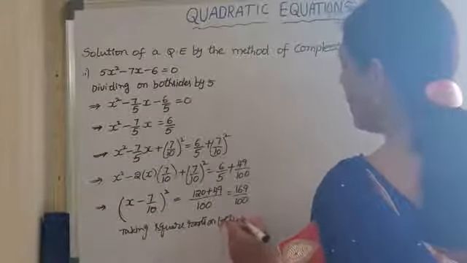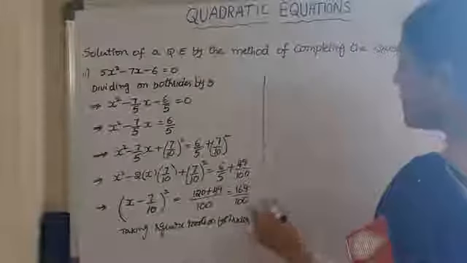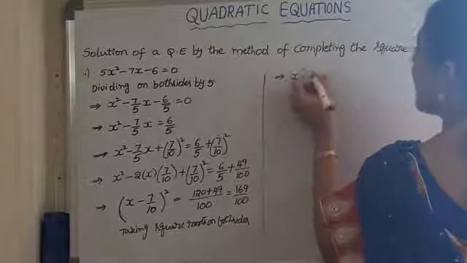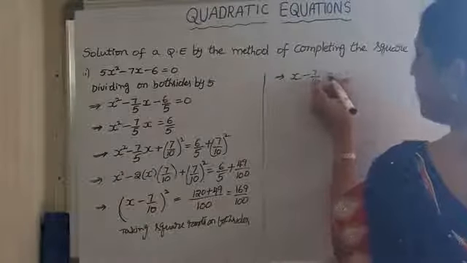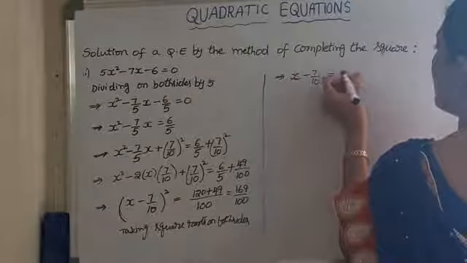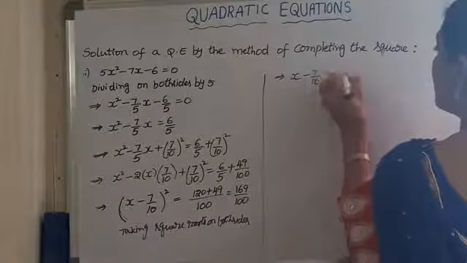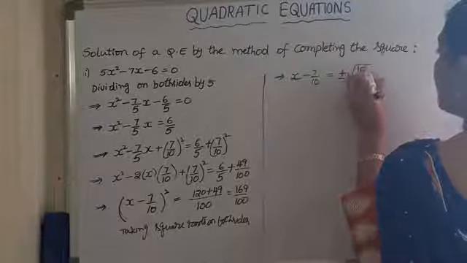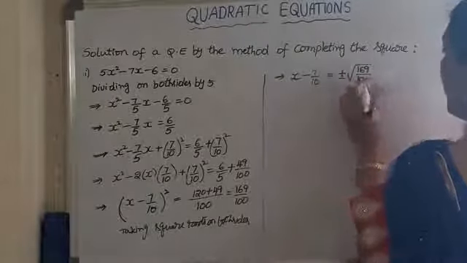So what will happen? (x minus 7)/10 is equal to plus or minus root of 169/100.